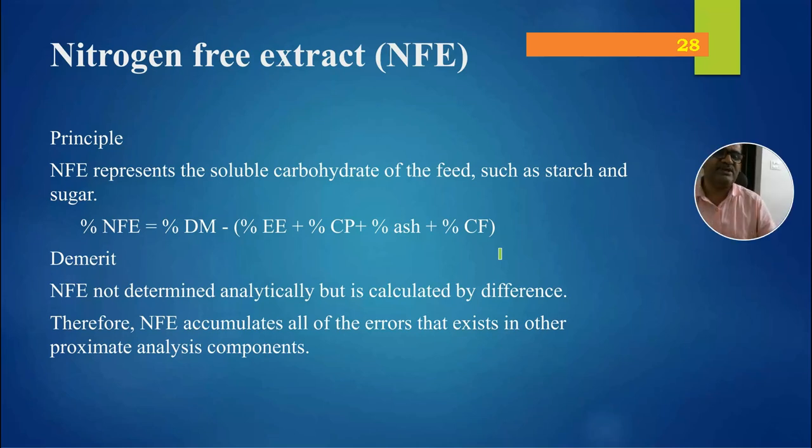Then what we can say is the percent NFE is equal to percent dry matter minus percent EE, percent crude protein, percent ash and percent crude fiber. So this is the formula by which we can calculate this. So if you find one or two values, the remaining things we can automatically calculate.